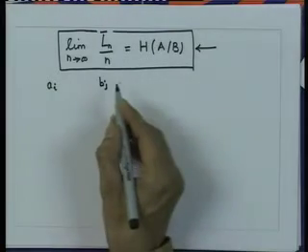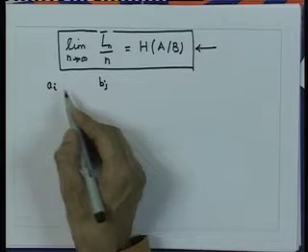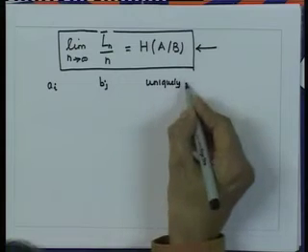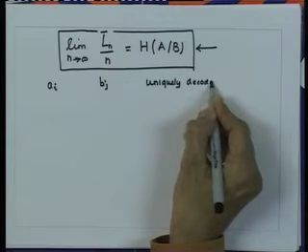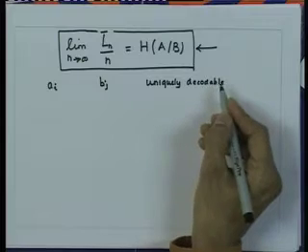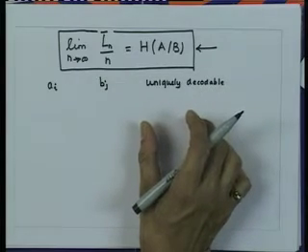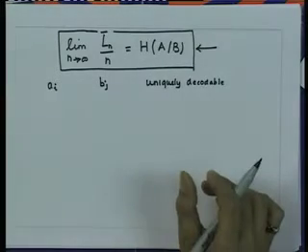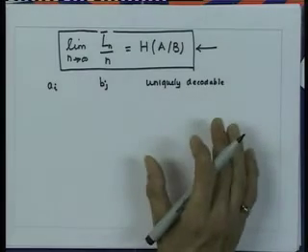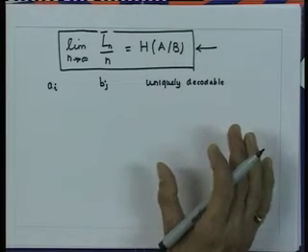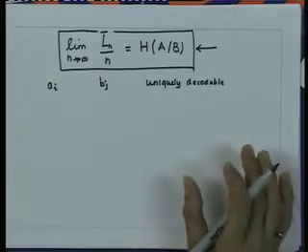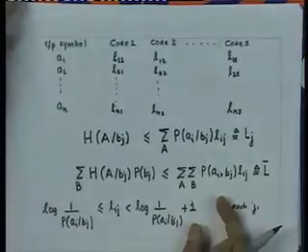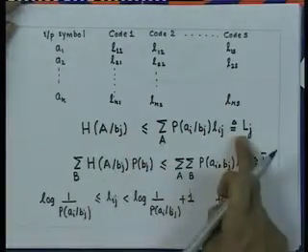Now, even though each of the codes used is uniquely decodable, it is generally not true that a sequence of code words from a known sequence of uniquely decodable codes is uniquely decodable. So, in this case it is not sufficient to select a set of uniquely decodable codes with word lengths satisfying this condition.